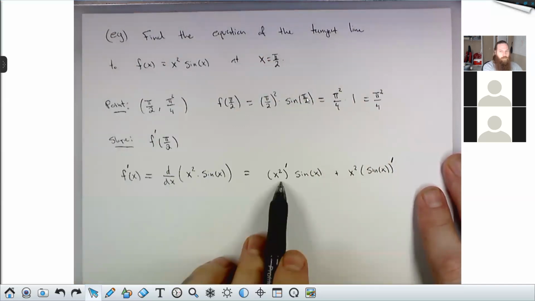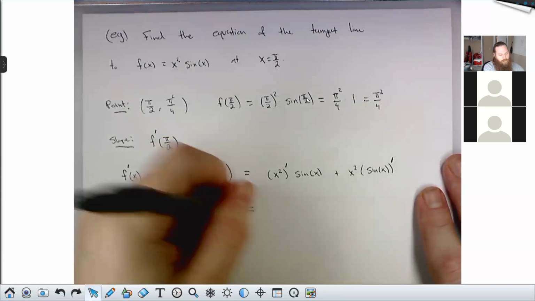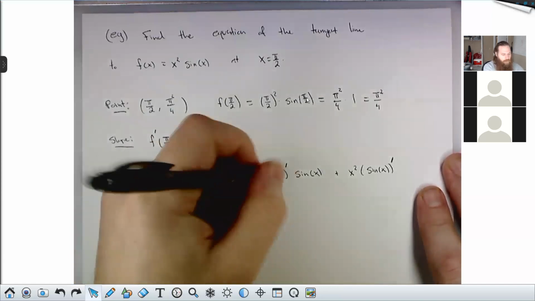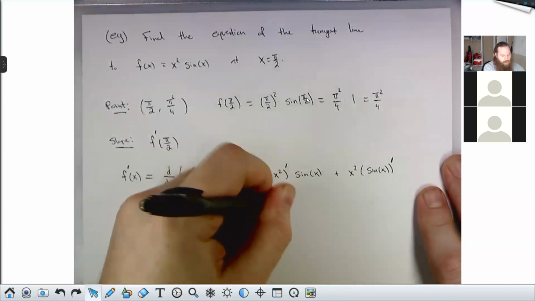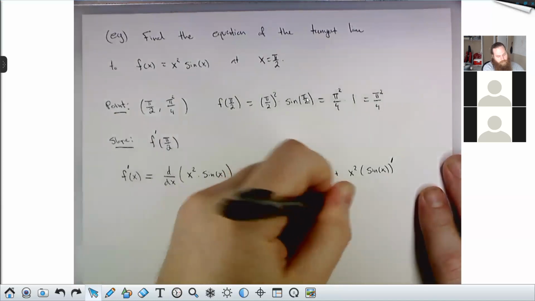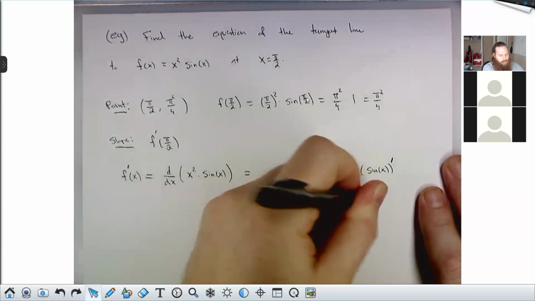If you do this, you will make far fewer mistakes on product rule problems. Once you've written it out, then go ahead and take your derivatives. So x squared, its derivative is 2x. This is 2x sine x plus x squared times the derivative of sine x, which is cos x.